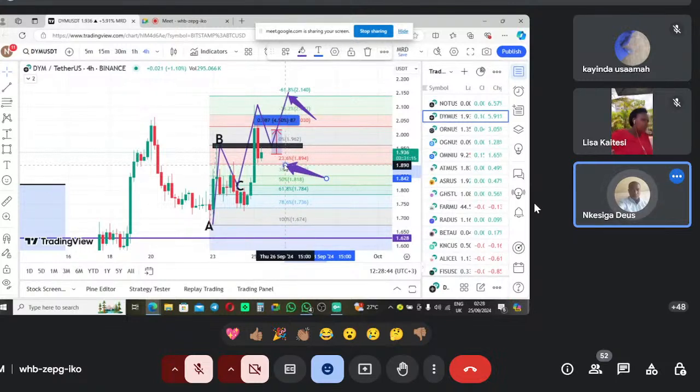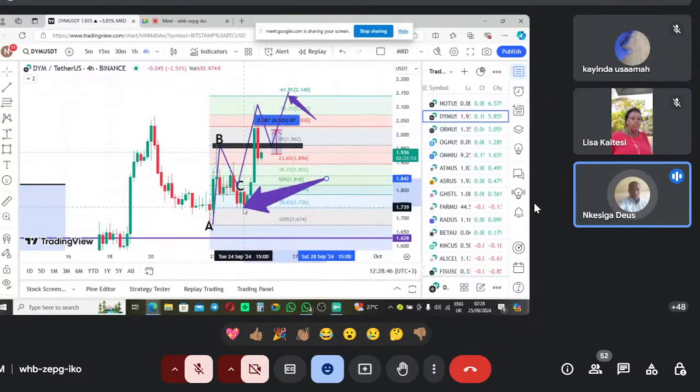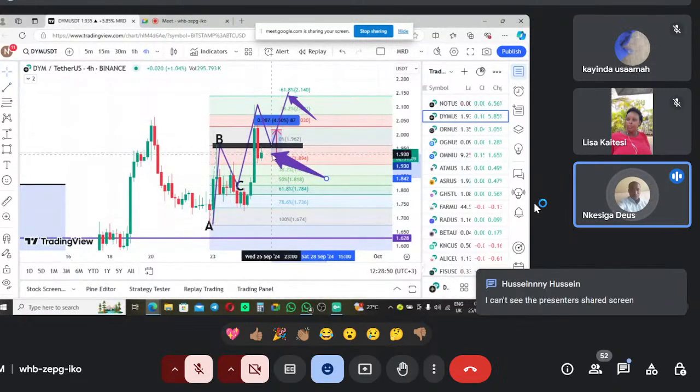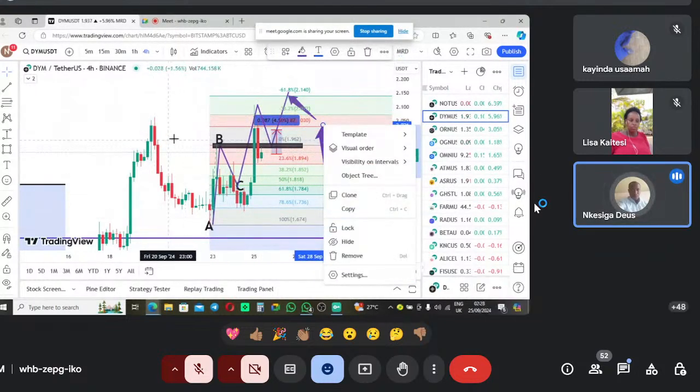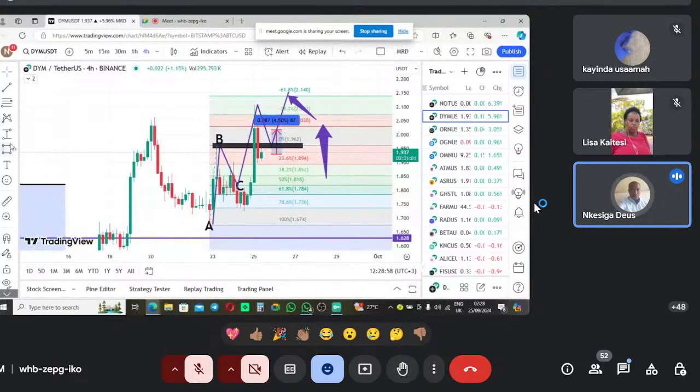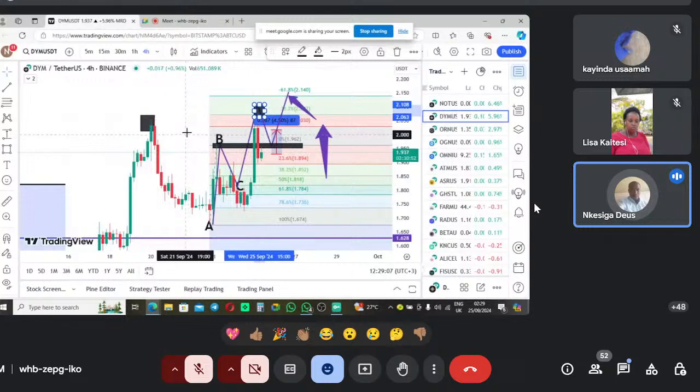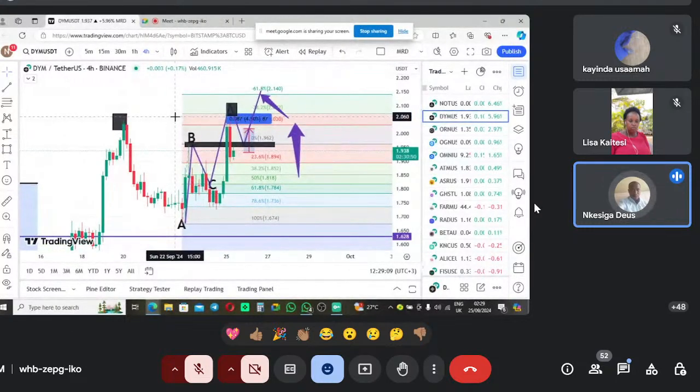Therefore, we don't expect the market to come back down to C. So we expect the market to recover from here, and we push back and break the previous high. Are we together? This was the first high that we can consider here, and now we have another high which is here. So we expect to form another high which would be above the previous one.